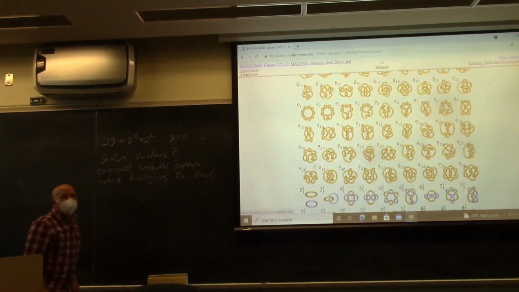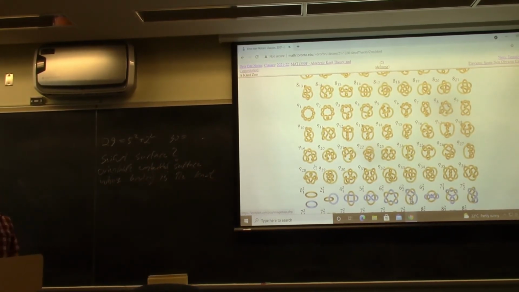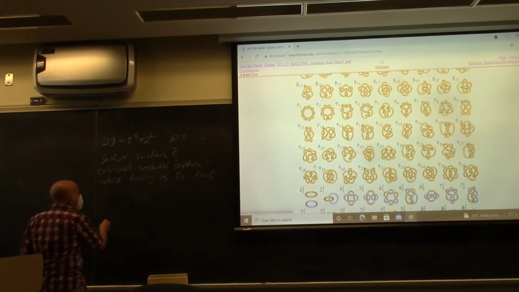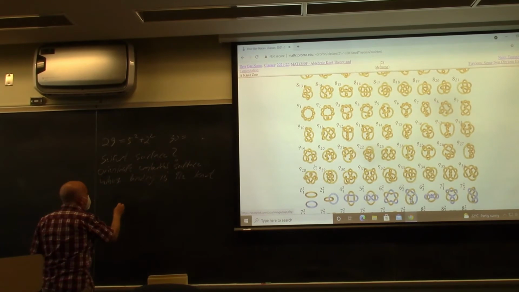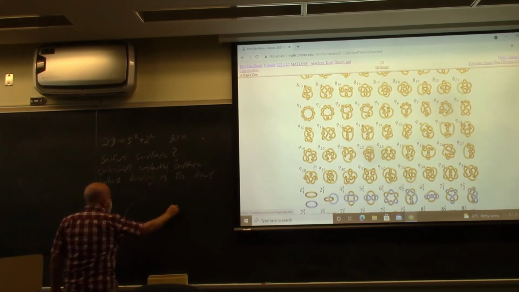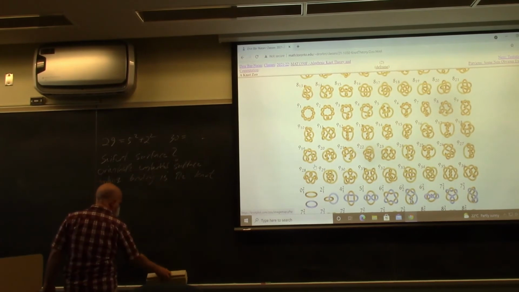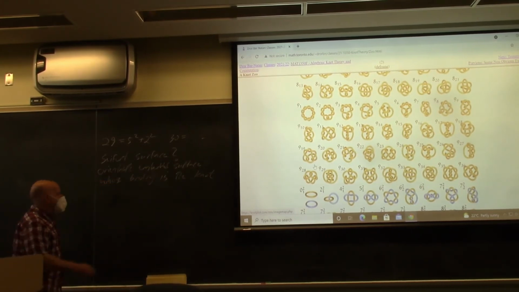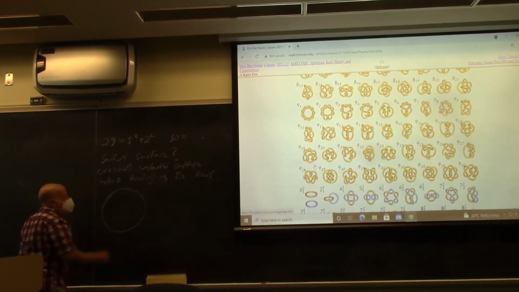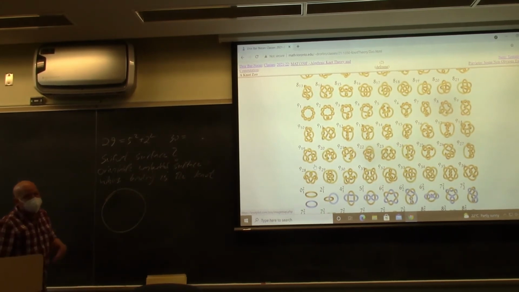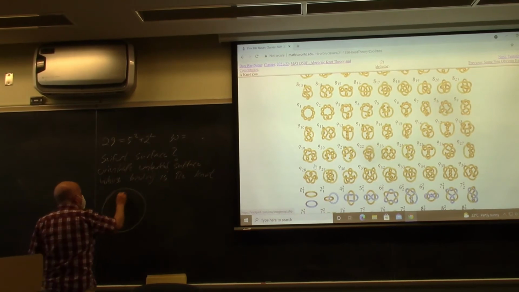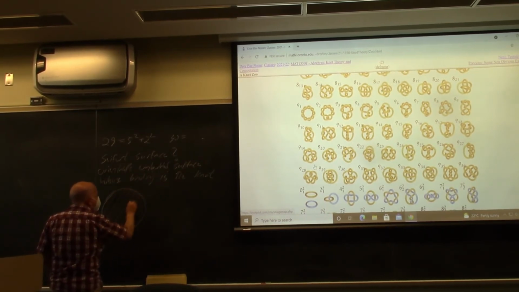Let me give you a few examples. Example number 0 is the unknot. Is this the boundary of a surface? Of course it's the boundary of a surface. It's the boundary of a disk.